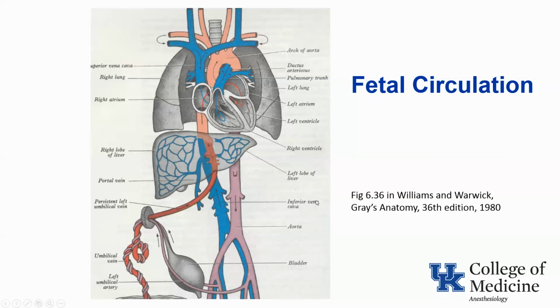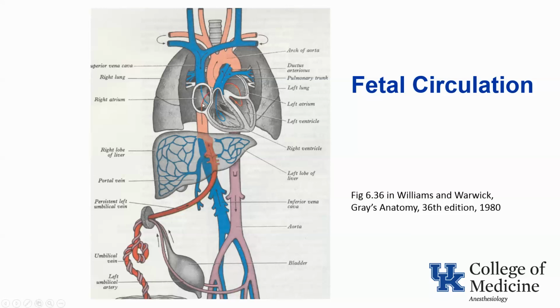In closing, you should remember the idiosyncrasies of the fetal circulation. Remember that the umbilical vein from the fetus comes in to the ductus venosus, which largely empties into the inferior vena cava.